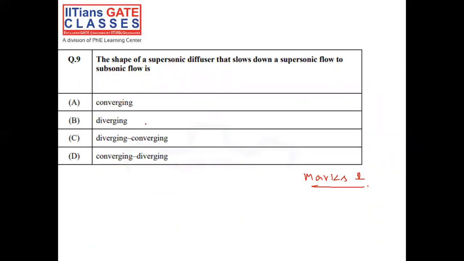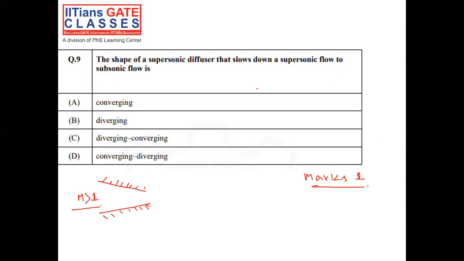Okay, so in a converging nozzle, in a converging duct, for a supersonic flow, the velocity decreases. Right?